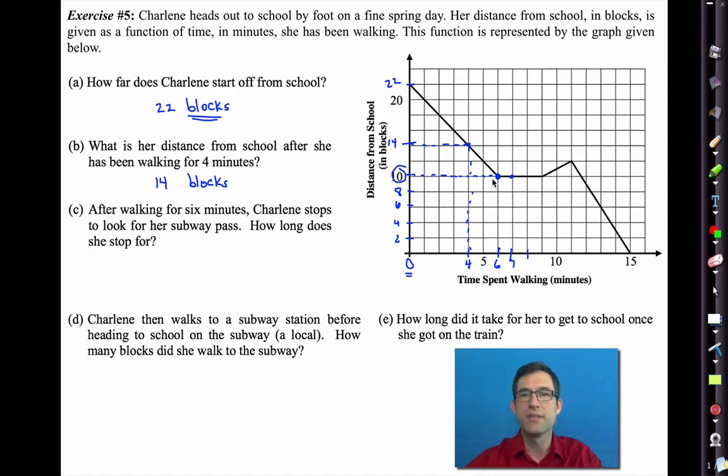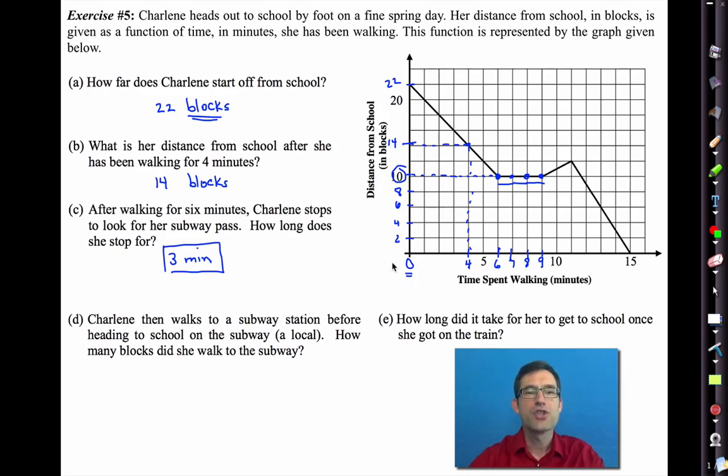At 8 minutes, she's 10 blocks away, etc. In fact, she remains 10 blocks away from school between 6 and 9 minutes. So for 3 minutes, right? For 3 minutes, she stopped. And that's symbolized by sort of this, this, and this.